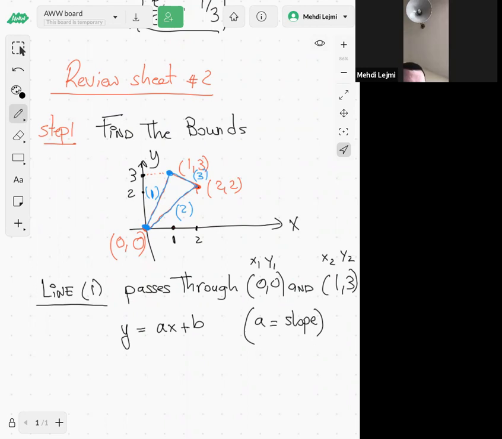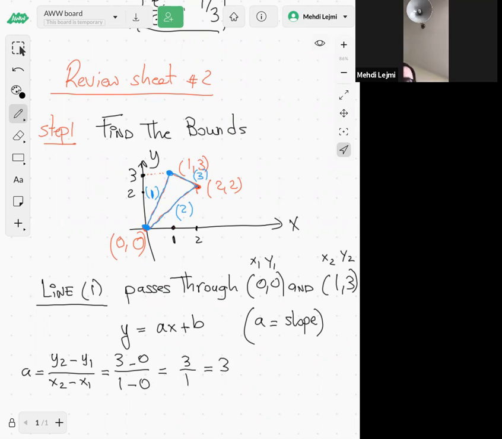So A, the slope, would be just y2 minus y1 over x2 minus x1. So y2 is 3, y1 is 0, x2 is 1, x1 is 0. I'm always thinking about the next step, so sometimes I just get confused. Anyway, so this is 3 over 1, which is 3, of course. So the slope is 3, right?